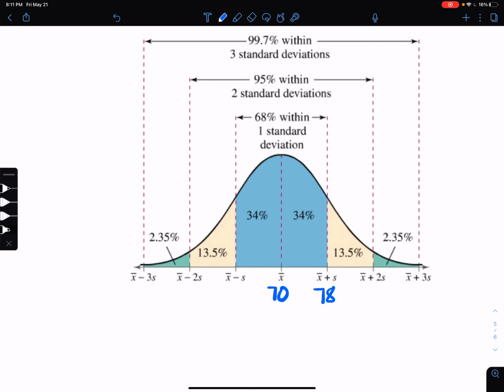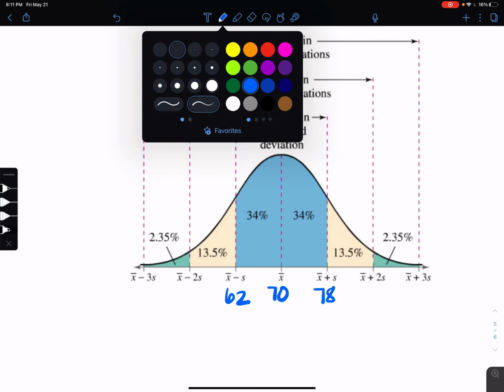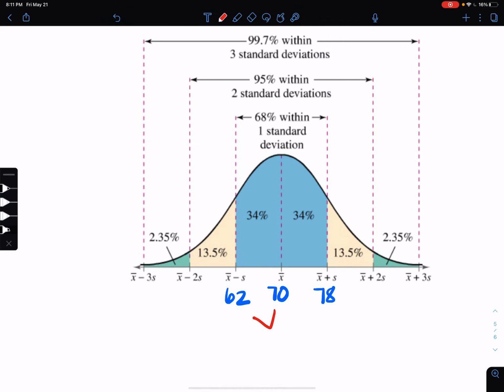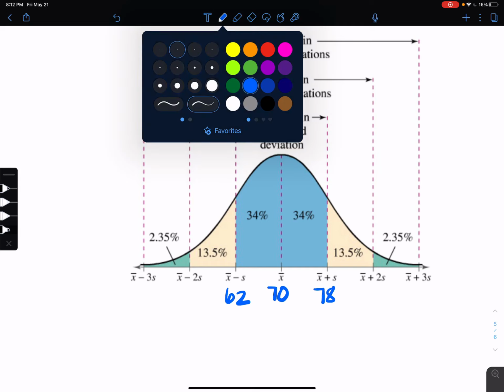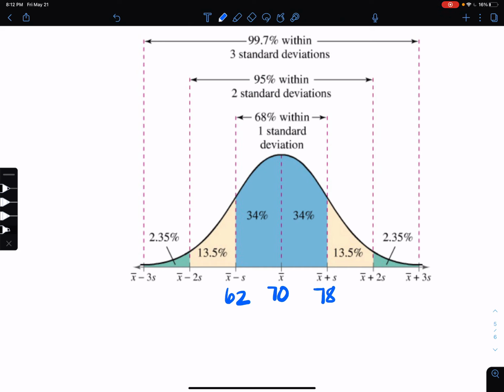If I go back 1 standard deviation, again, which is 8, then I'm going to be at 62. Okay, notice all I did was I subtracted the standard deviation of 8 here, and I added the standard deviation of 8 here. Now, what the empirical rule tells me is within 1 standard deviation, which is what I just did, I will find 68% of my data.